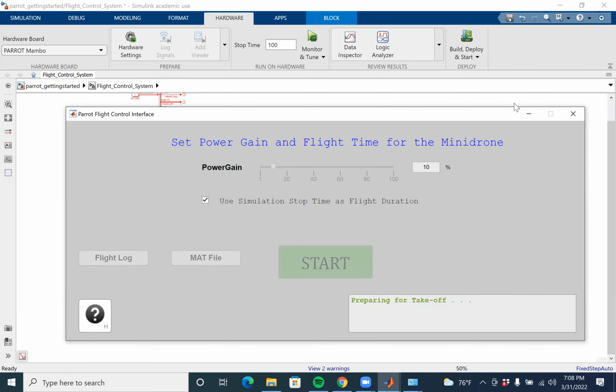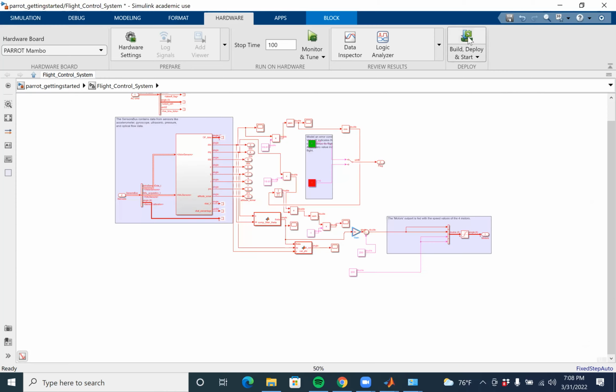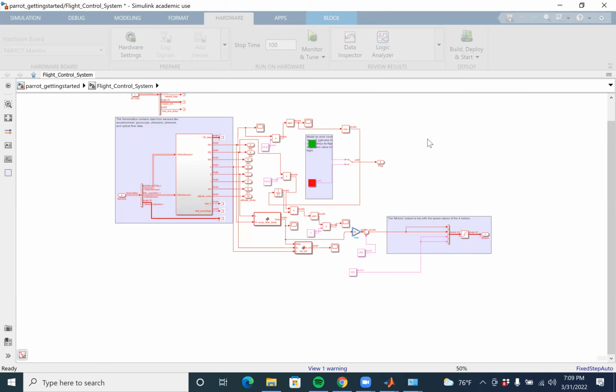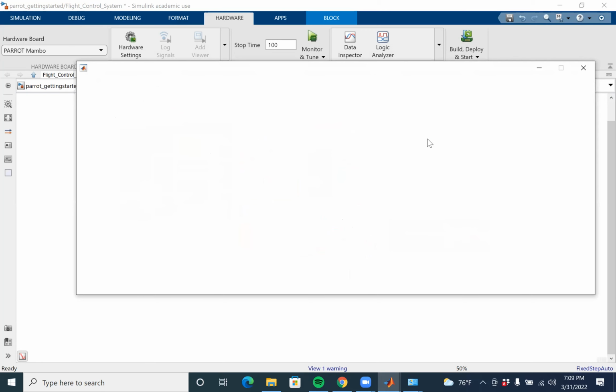Basically, if something like this happens, that means Matlab is not able to do the hardware. You can just do build, deploy and start, and let's see what happens.